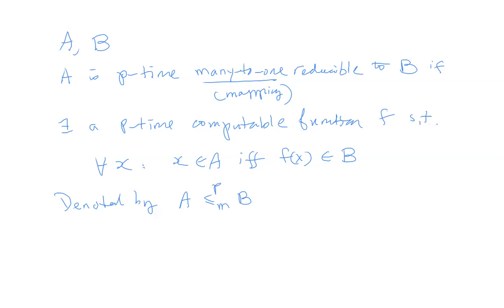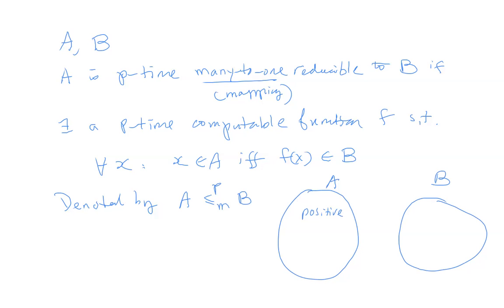If we want to look at a picture, it's just like this. Let's say I have A, and inside it are the positive instances. And I have B, and inside that are its positive instances. Then the positive instances under F will go to positive instances. This one may go to the same one, the other may go to a different one.